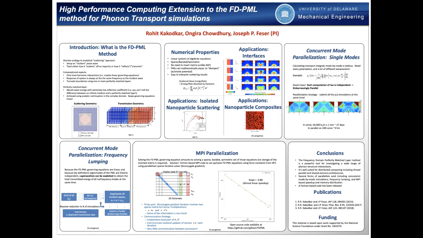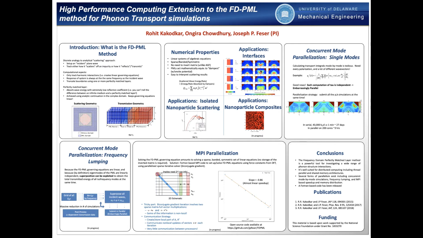The mathematical formalism involves using something called analytic continuation of the complex domain, but the bottom line is it works. You can either study scattering from enclosed geometries like nanoparticles, or you can use what we call the transmission geometry to send an incident wave across an interface and see how it either transmits or reflects across it.